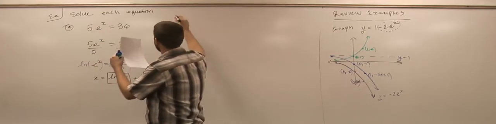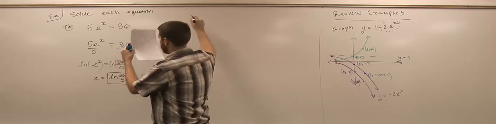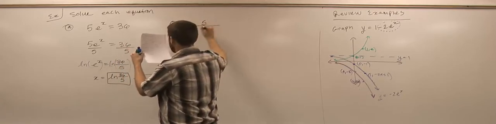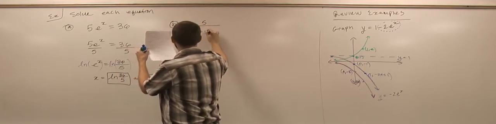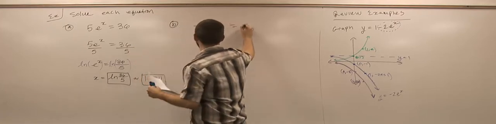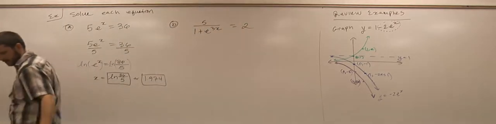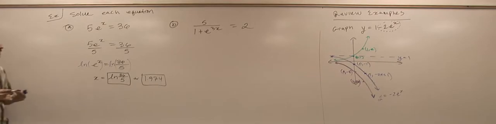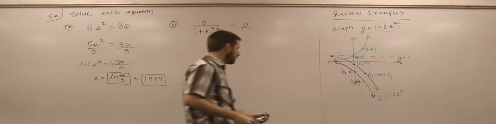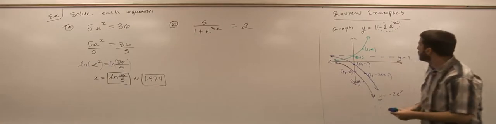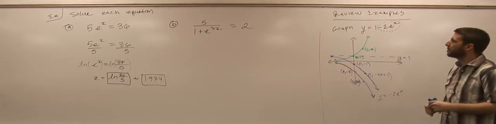What if I gave you 5 over 1 plus e to the 3x equals 2? How do you solve that by hand?